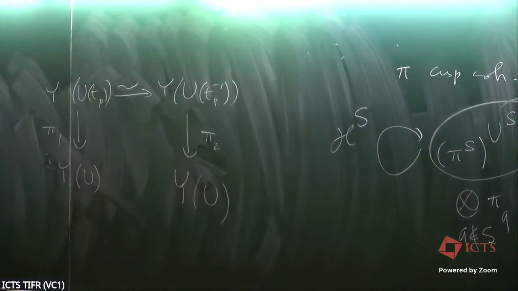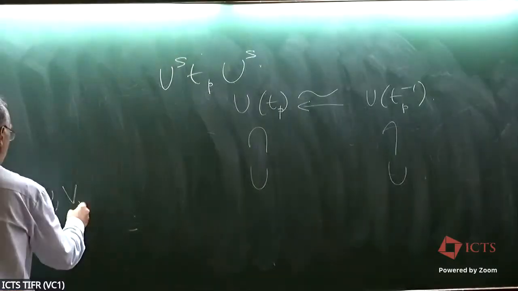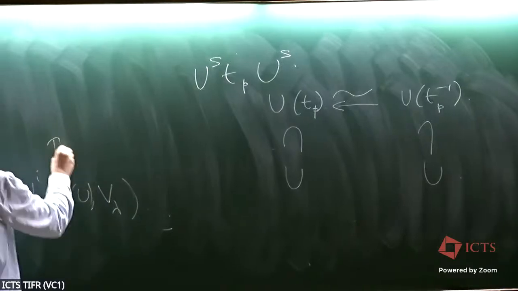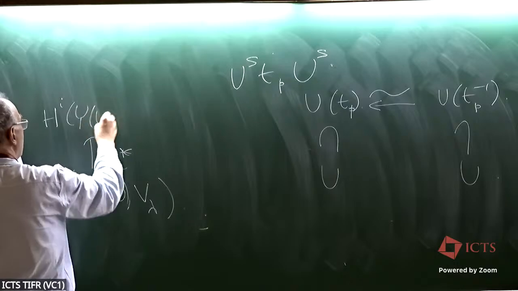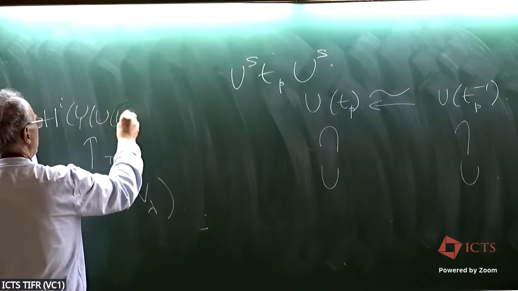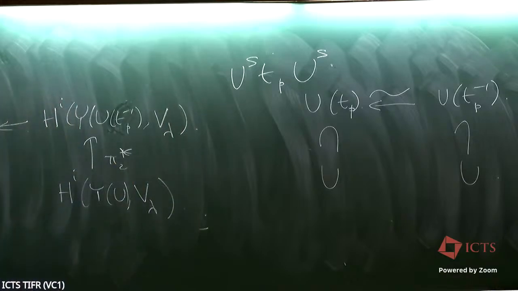So you have this diagram of varieties, and it induces a diagram of cohomology. You have H^i(Y_U, V_lambda) going by pi_2 upper star to H^i(Y_{U(T_P^{-1})}, V_lambda), then to H^i(Y_{U(T_P)}, V_lambda), then by pi_1 lower star.